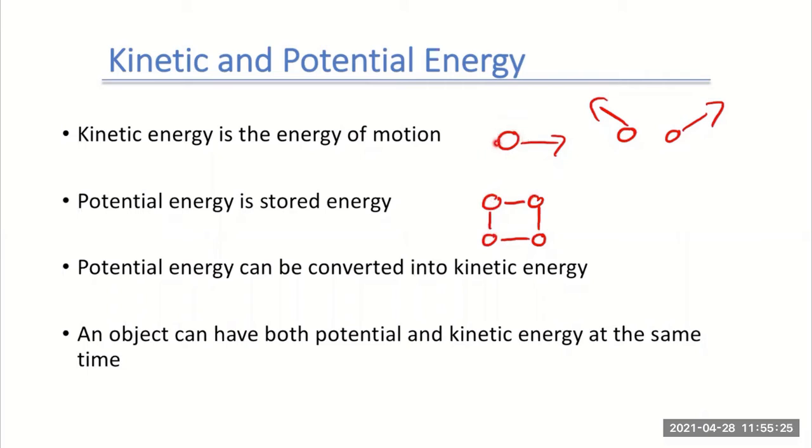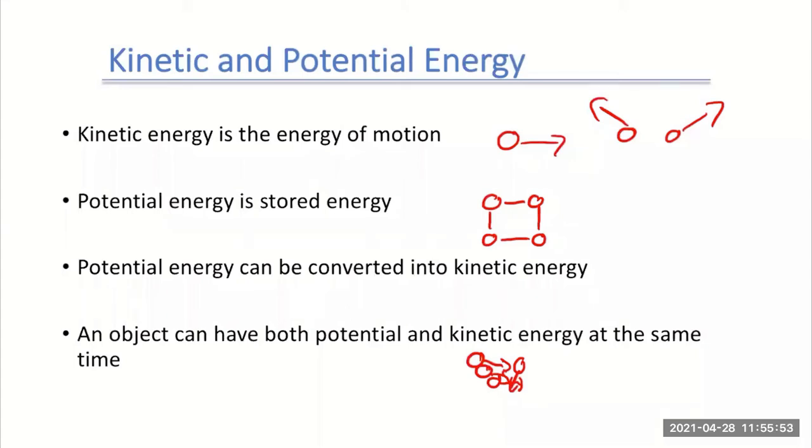Gas has a lot of kinetic energy because gas particles are moving around. Something that has both potential and kinetic could be a liquid. In a liquid, our atoms move, but they're still right next to each other, so they still have some defined locations and intermolecular forces.